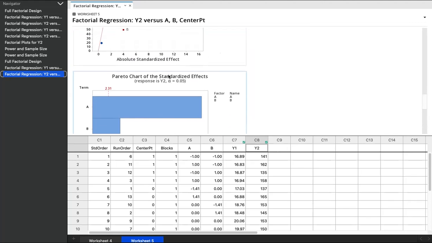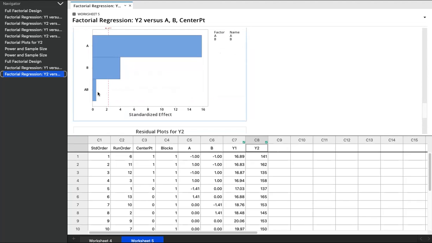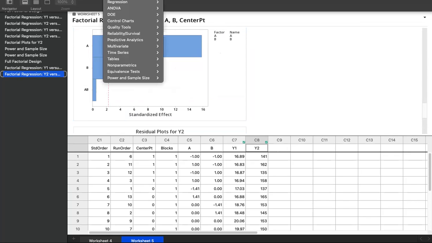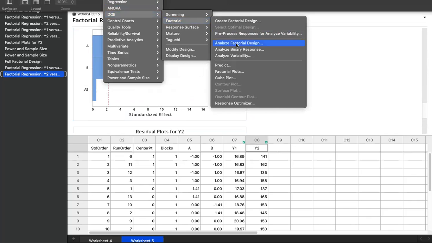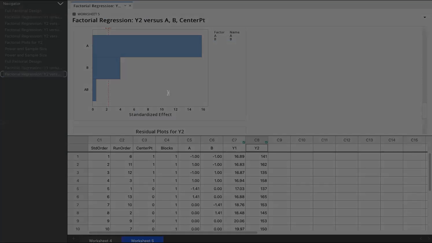The response is very good, but we need to remove this AB value. Let's see what happens. Analyze factorial design. Okay. Nothing else.